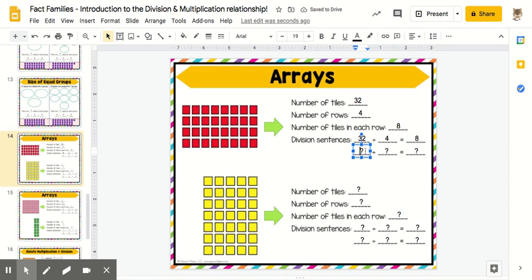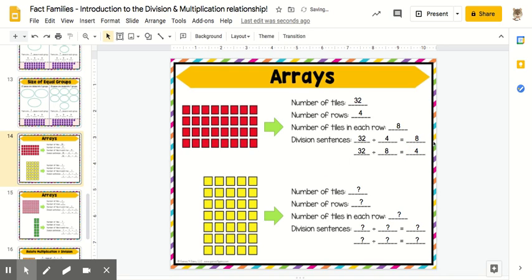The other division question is, again, starting with 32, instead we divide by the number of columns, which is 8, and how many rows in each column? 1, 2, 3, 4. So we have our 4. And that's how you're going to be using arrays to do your division problems. So there's 2 division problems, just like there are 2 multiplication problems.